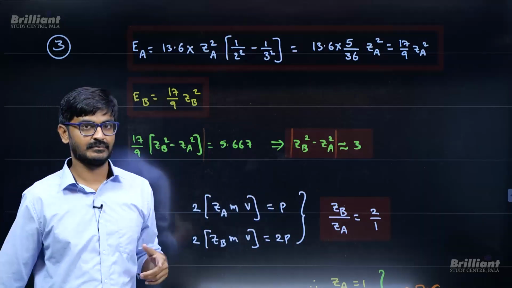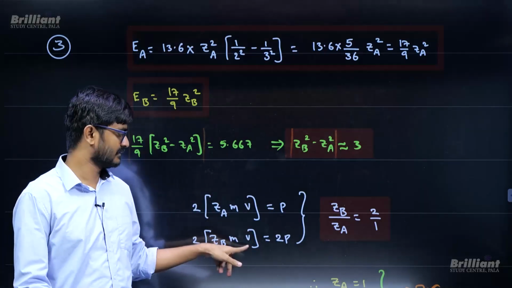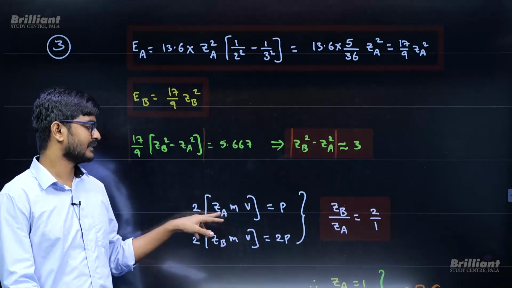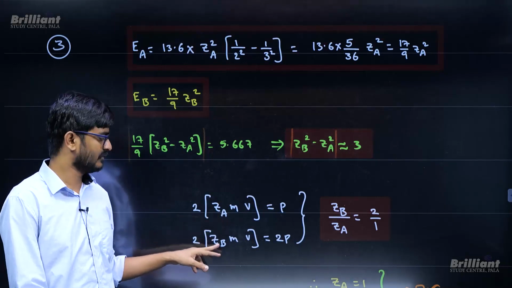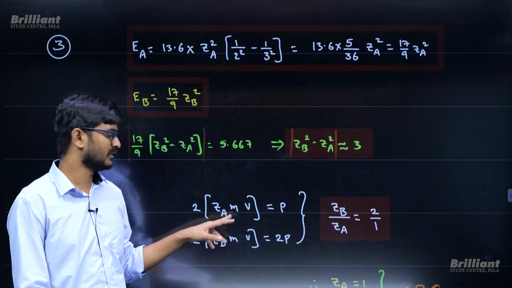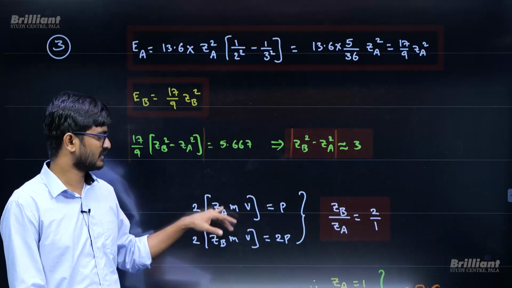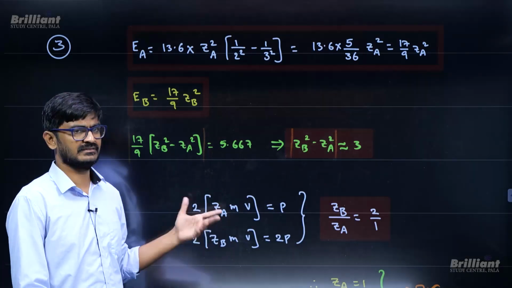What is that other information? Momentum imparted is twice for B, they said. So the mass of A will be related to ZA, the mass of B will be related to ZB. Actually it will be 2 times ZA into mass of proton, 2 times ZB into mass of proton, but I have written it as proportional to Z so that you can manage.